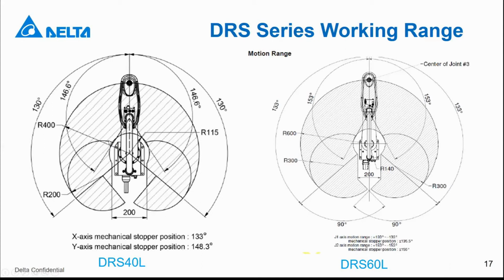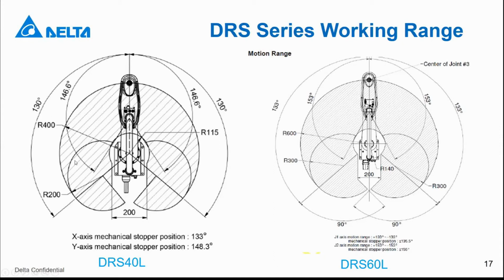But you can see there are two small circles here. This means when the robot turns to this angle, you can see the angle is 130 degrees, it also indicates here. The first arm will reach a limit, so only the second arm can still go to the back of the robot.